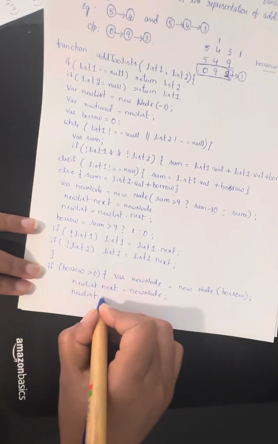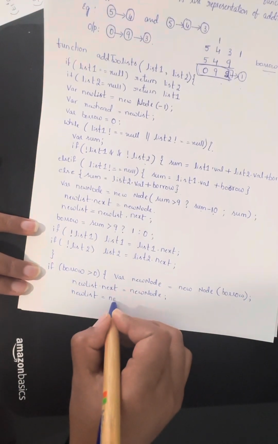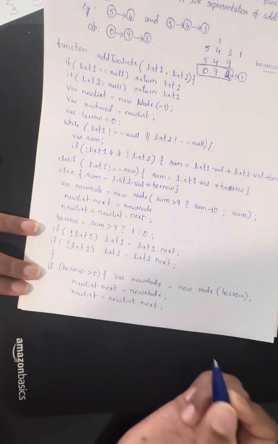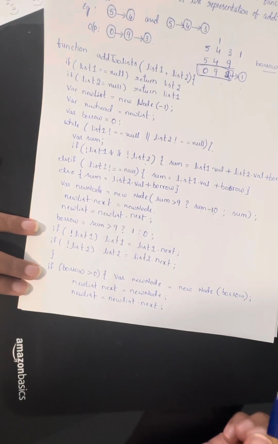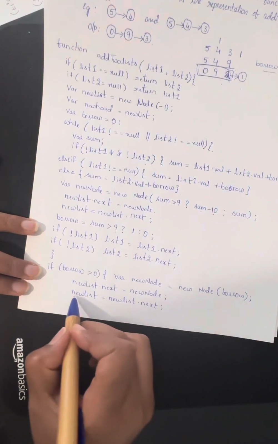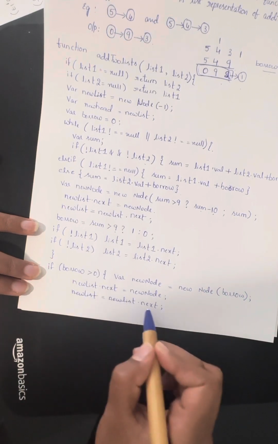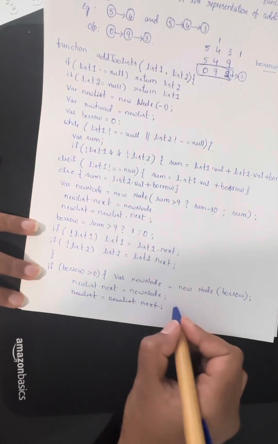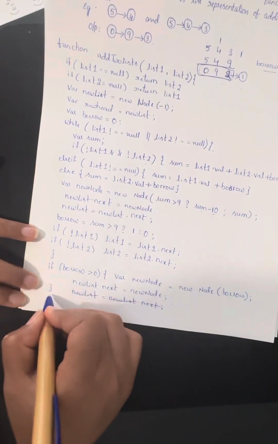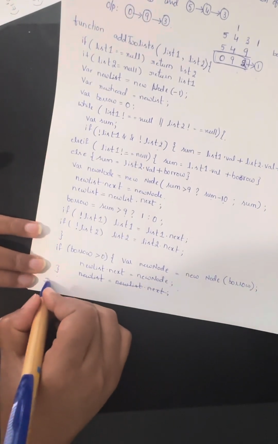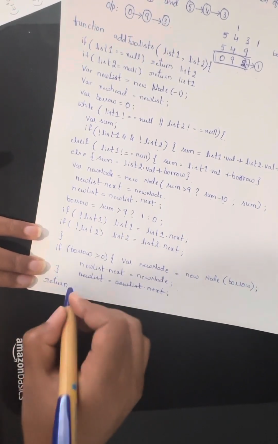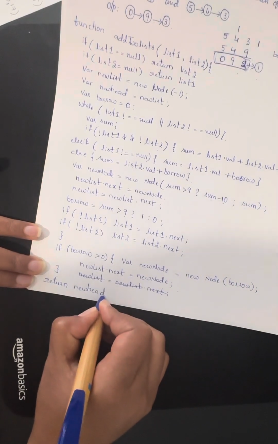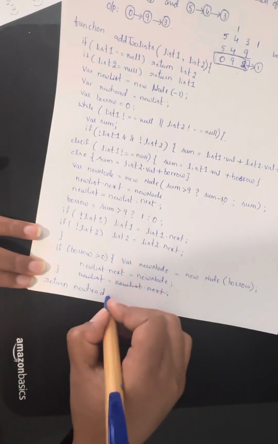Actually we do not need the extra assignment, so we just need to make new list dot next equal to this new node, and the if condition ends here. And finally we need to return new head dot next.